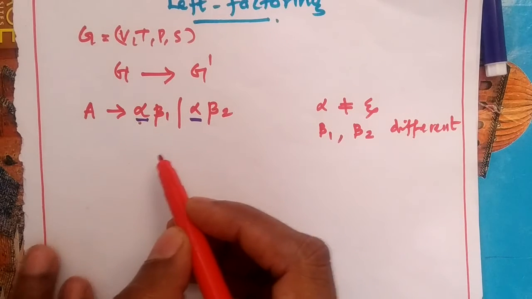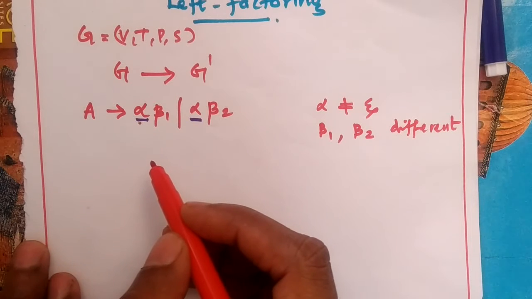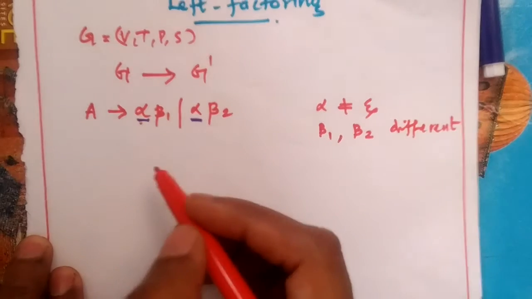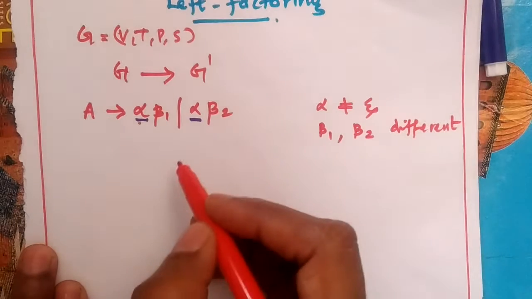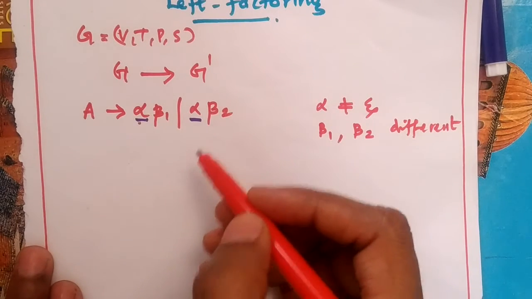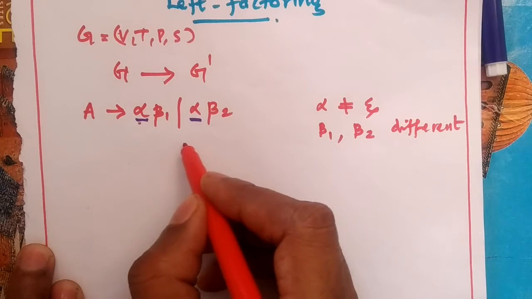The problem is that if the grammar is not left factored and you are constructing a top-down parser, see how the parser will proceed.